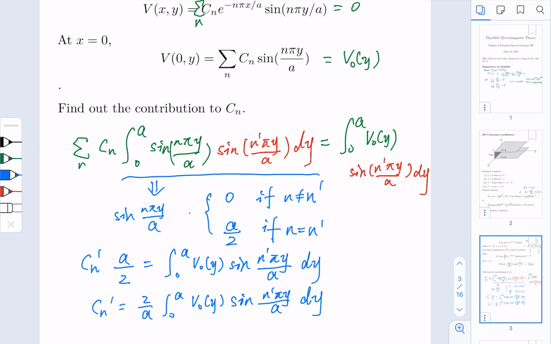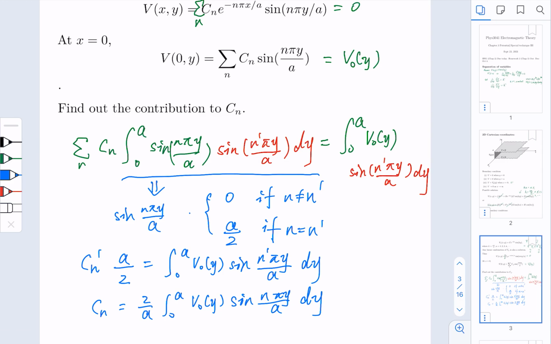And because n prime is really a dummy index, I can erase this n prime and write this as a dummy index n.